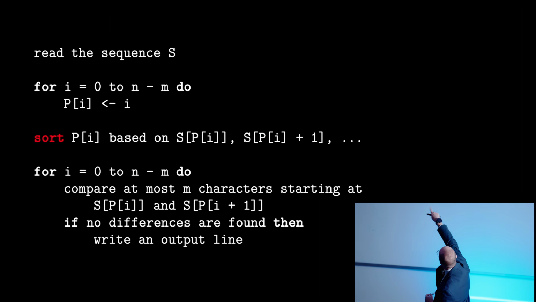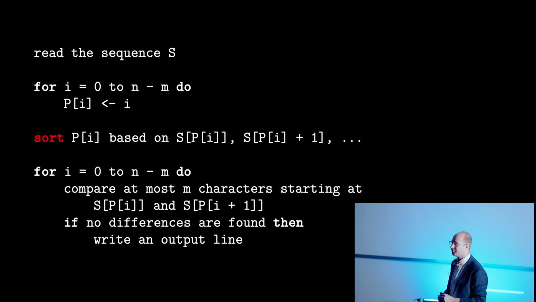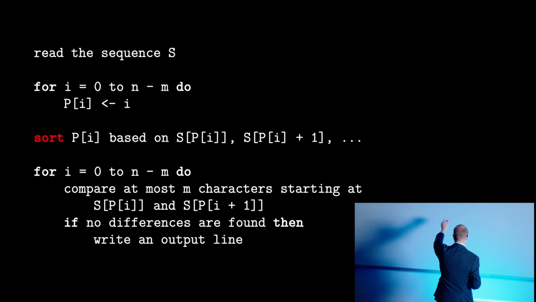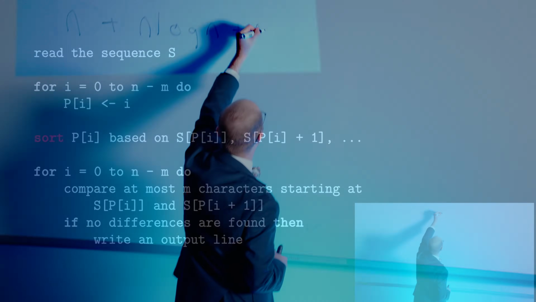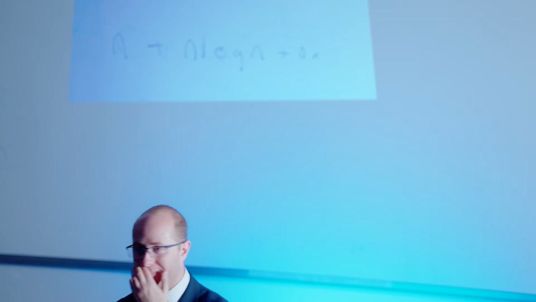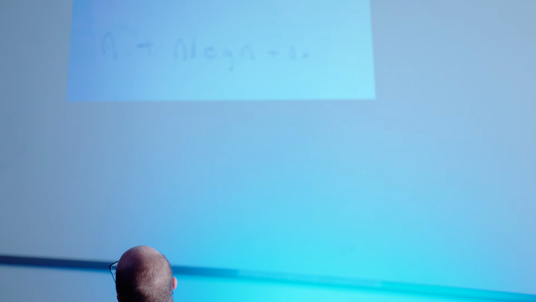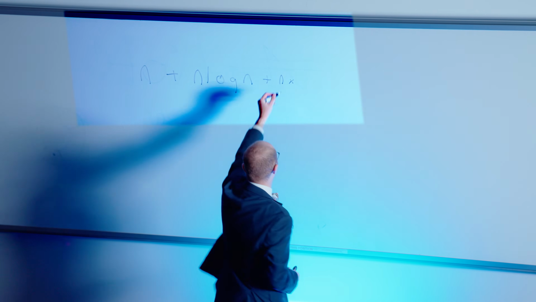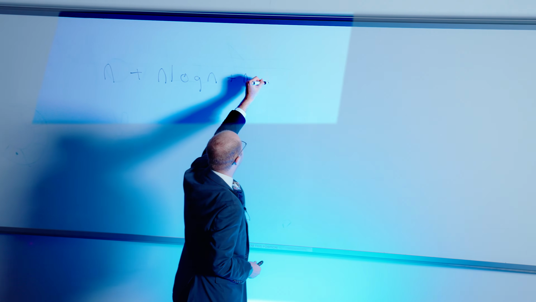And then how long does our second loop take? The outer loop is a maximum of n steps, but how many instructions are there inside? Compare at most m characters. M. Okay, so now let's times by m.